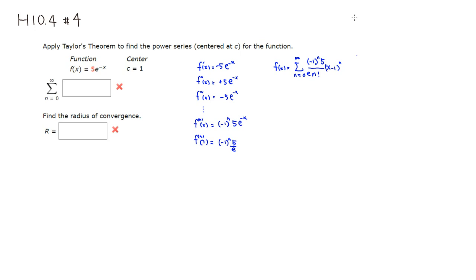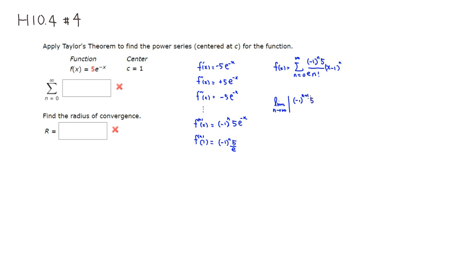So let's find its radius of convergence. To find a radius of convergence, we need to apply the ratio test. So the limit as n approaches infinity of the absolute value of a n plus 1. We just have to rewrite this and put n plus 1 instead of n.